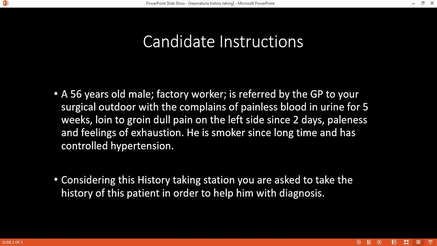Can you describe the pain? You mentioned that it's a dull pain. Does this pain radiate toward any other area? Yes, it radiates toward my lower abdomen.